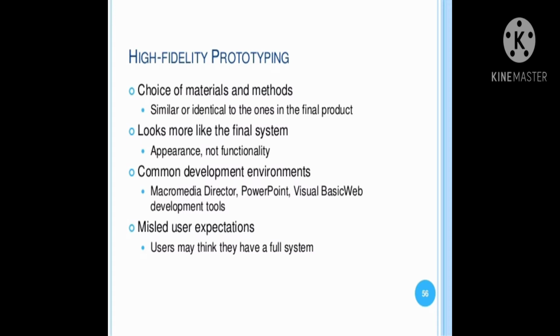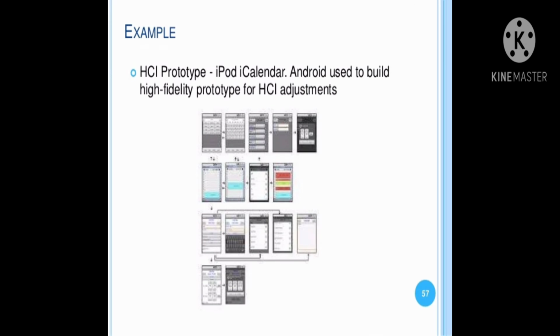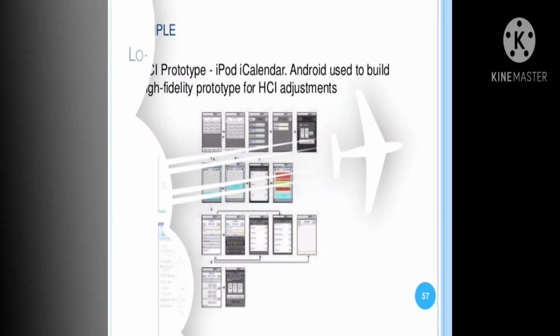Common development environments: Macromedia Director, PowerPoint, Visual Basic, web development tools. A drawback is user expectation: users may think they have a full system. Example: HCI prototype, iPad calendar, and Android used to build a high-fidelity prototype for HCI.